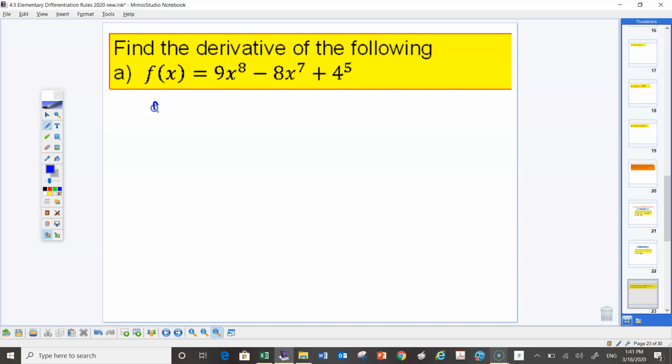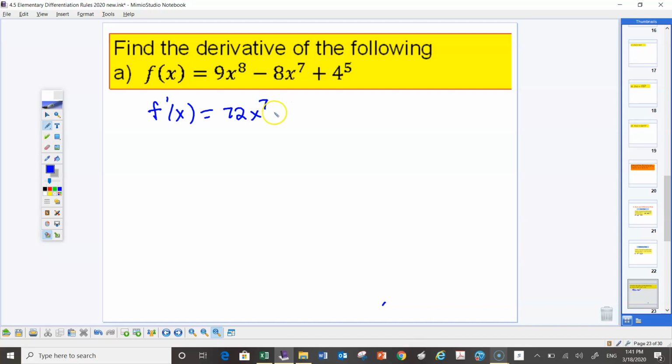Well, the notation we use for derivative is f prime of x is equal to, now I'm going to use the power rule, so the derivative of 9x to the 8th, I bring the 8 out front, that becomes 72, and my exponent on the x drops by a power of 1.